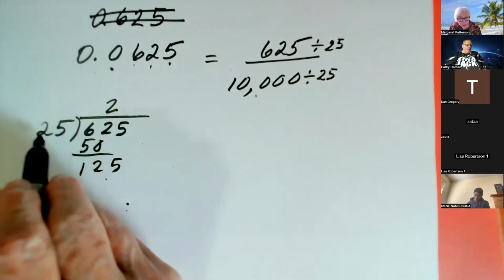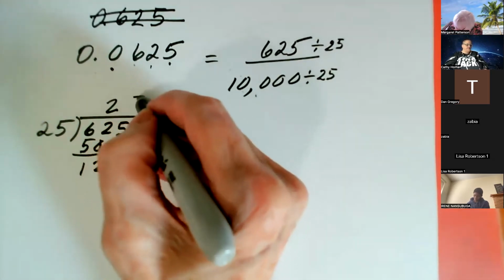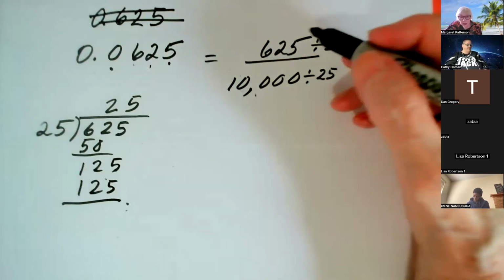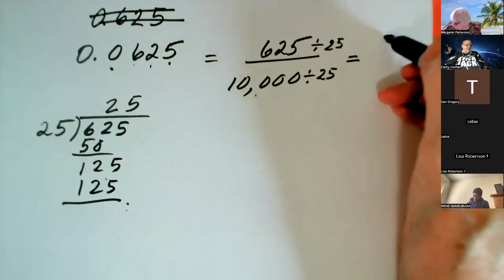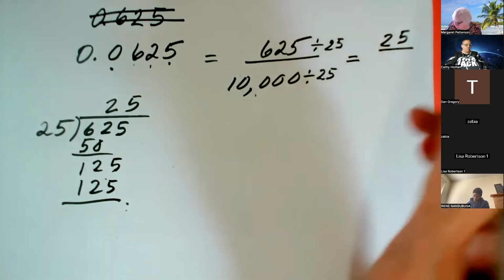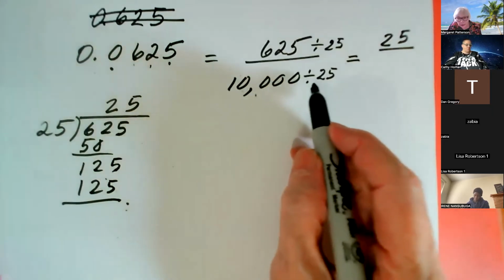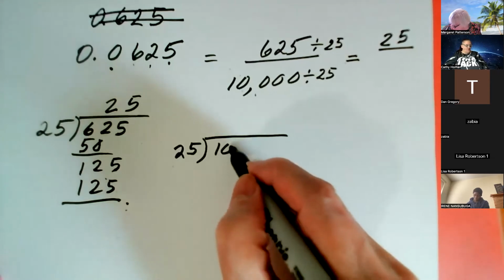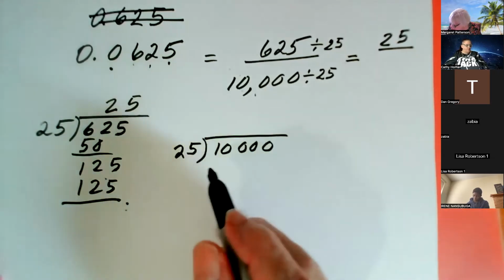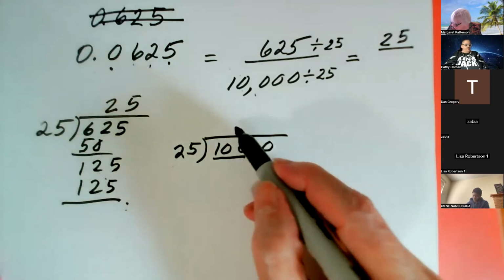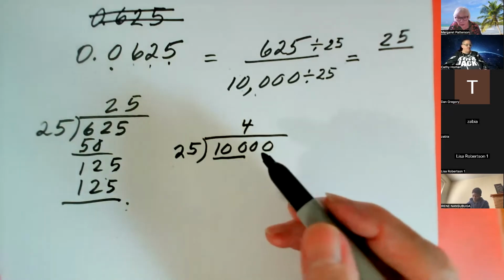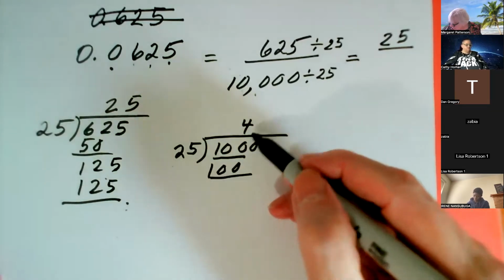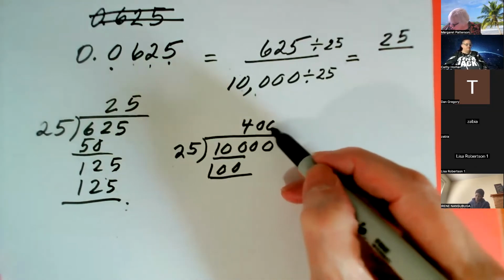You bring that down. 25 into 125 goes 5. So 625 divided by 25 is 25. This is cutting this down quite a bit. Now I'm going to take the same thing and divide 10,000 by 25. 25 into 100 goes 4. 4 times 25 is 100. And then 25 into these 2 zeros is going to go 0.